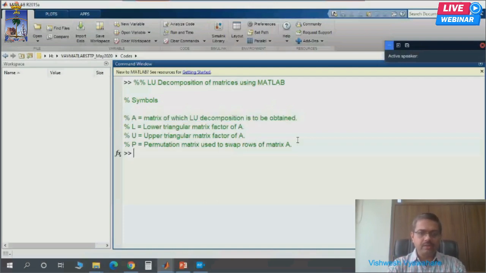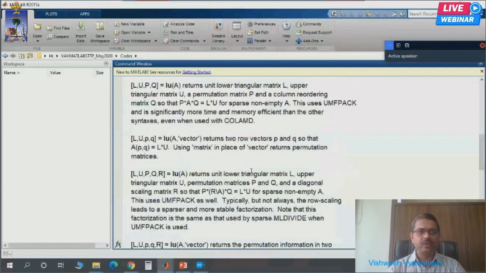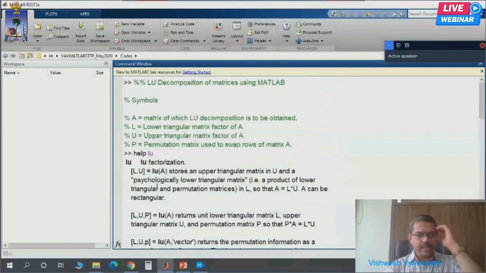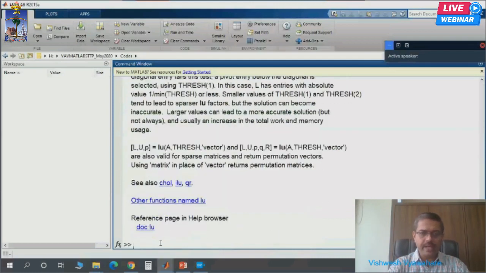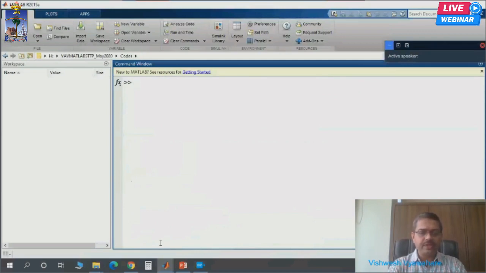What is the command for this? LU. So I'm writing help LU. LU factorization. This is how you write the command: L comma U is equal to LU of A. Very simple command. So let us do this. A is already defined? Oh no, it's not defined.